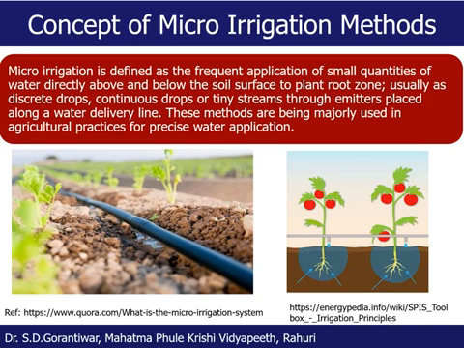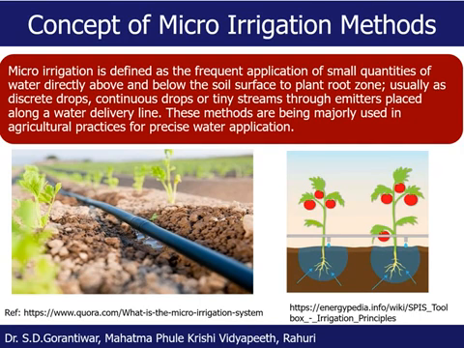As you see in these photographs, water is applied in the form of droplets, which are discrete droplets. These droplets are applied over the soil surface, and whatever water is applied through these droplets will infiltrate into the root zone, as you see in the adjoining figure.